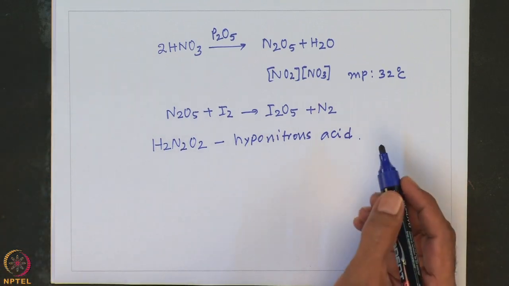An aqueous solution of sodium hyponitrite can be made from organic nitrates by this reaction that I am going to write here.